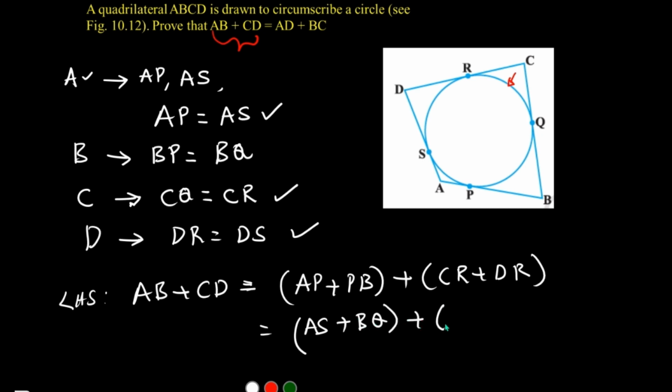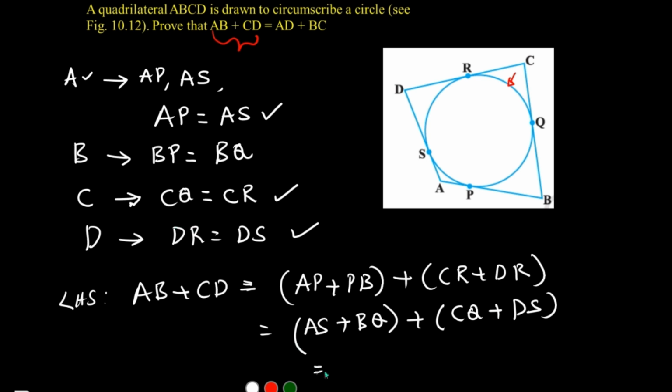Plus, CR is equal to CQ, plus DR equal to DS. So we have changed everything from the above four equations.